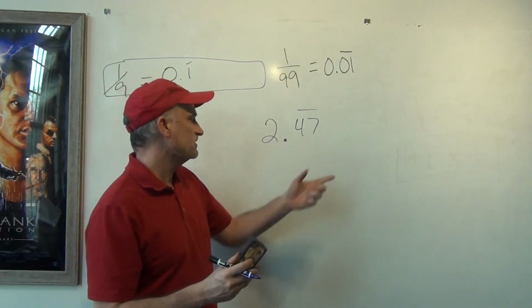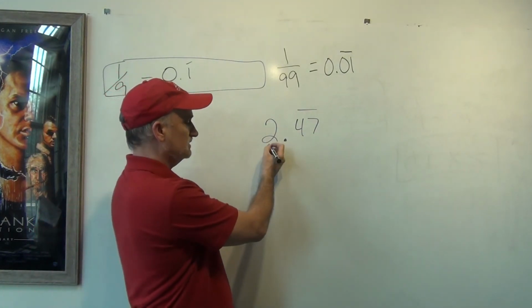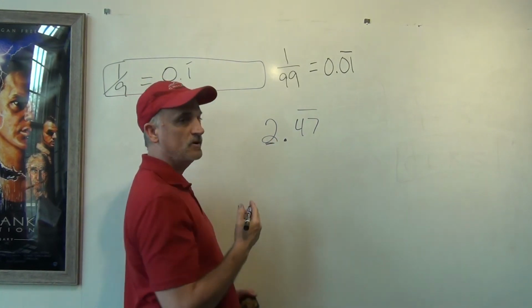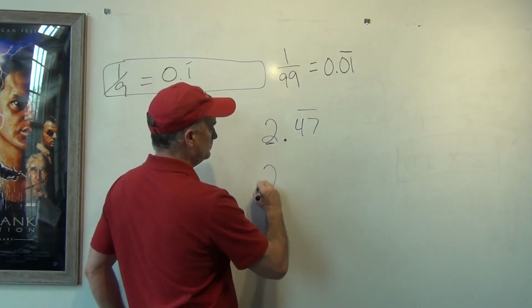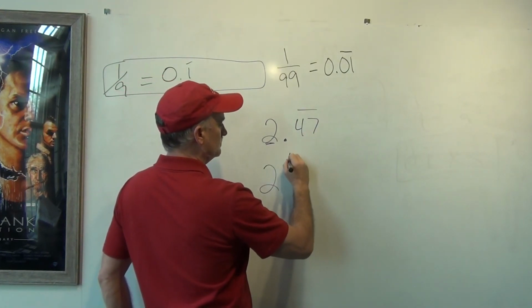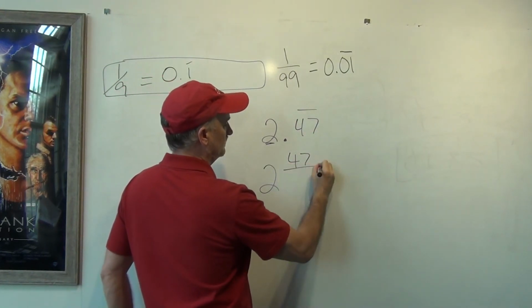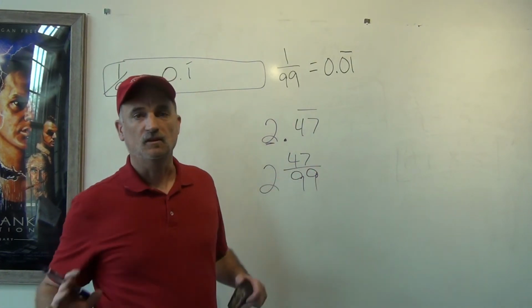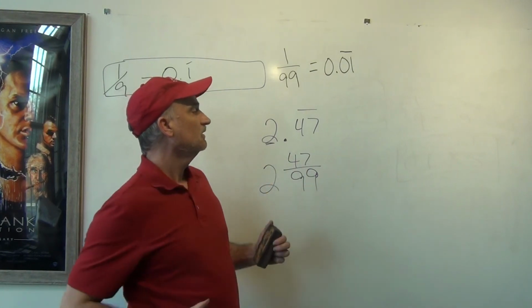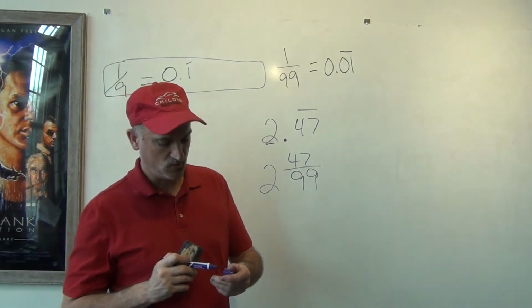This is a whole number though. So what we can do is we can still express this, but we have to put the 2 down. And then we take the 2 numbers on the numerator over 99. You gotta make sure. We can't get too fast, can't get too ahead of ourselves.